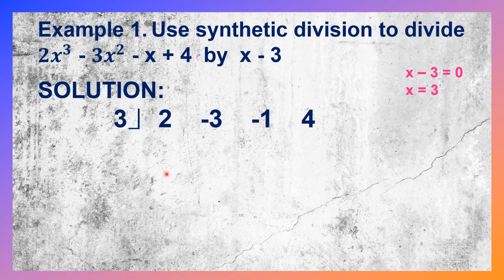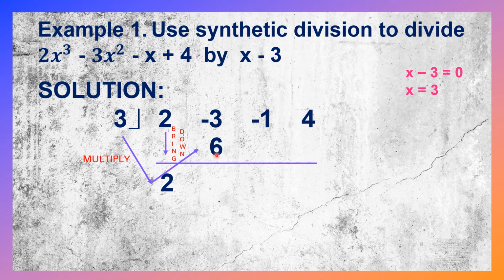Our first step is to bring down the first numerical coefficient, which is 2. Then next is multiply 2 to our divisor. So 3 times 2 is equal to 6.